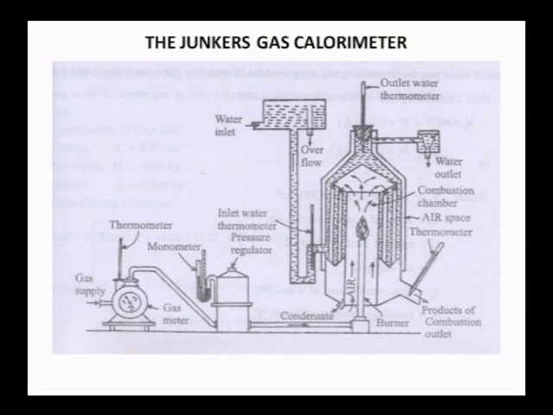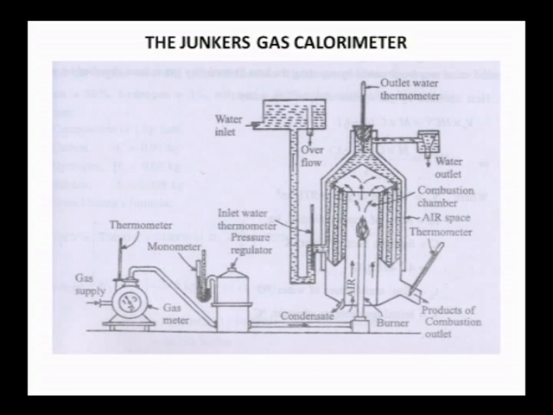When the pressure is not uniform, there will not be proper combustion of fuel, so there will be flickering of the flame. That can be avoided by fitting the setup with the pressure regulator. There will be water tubes and gas tubes.